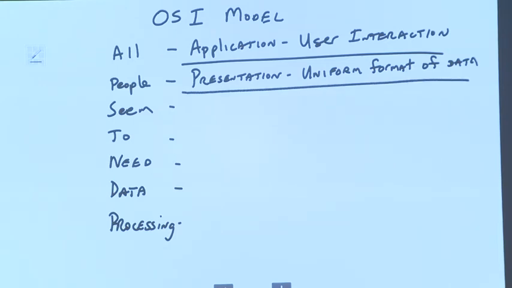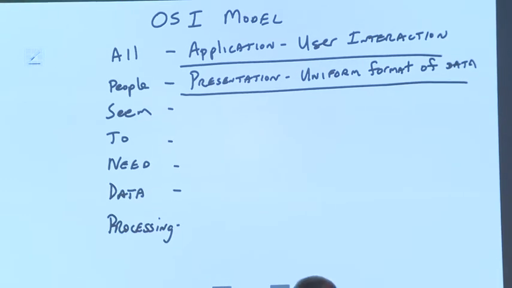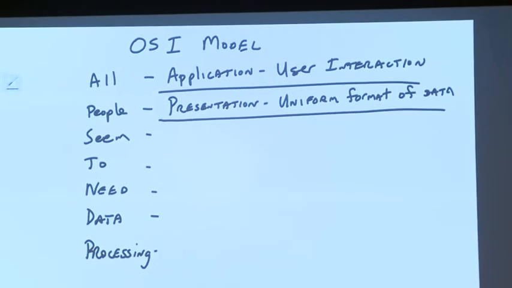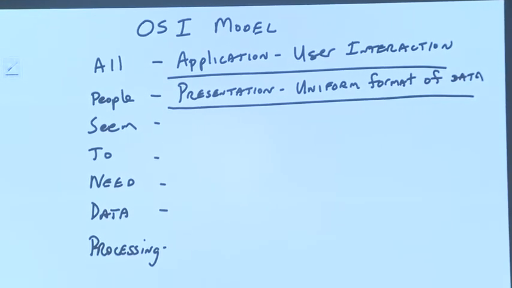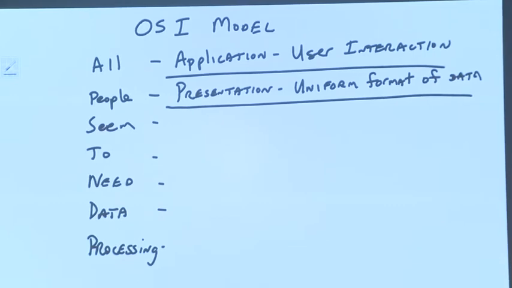The laptop stores information in an ASCII format. If I'm going to connect my laptop to a mainframe, mainframe looks at data in the EBCDIC format. So somewhere I'm going to have to translate this from ASCII to EBCDIC to get it up to the mainframe. The mainframe's going to have to send it to me in EBCDIC, and we have to translate it back to ASCII. This is all done at the presentation layer.